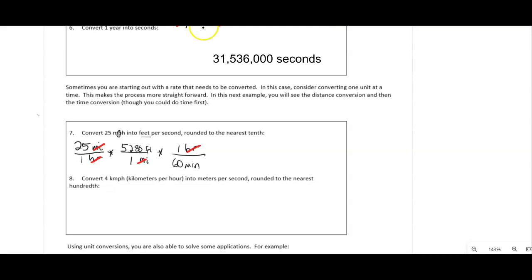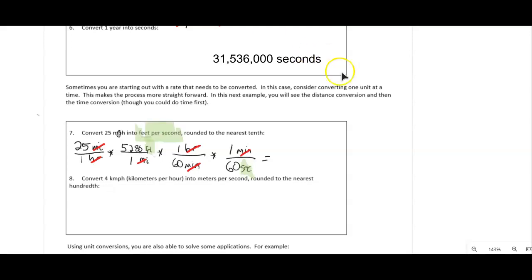So let's convert. For minutes, I know 1 minute. I'm placing the minute on top so it reduces the other minute on bottom. 1 minute is 60 seconds. Now we end up with the units feet per second. That's what we want.